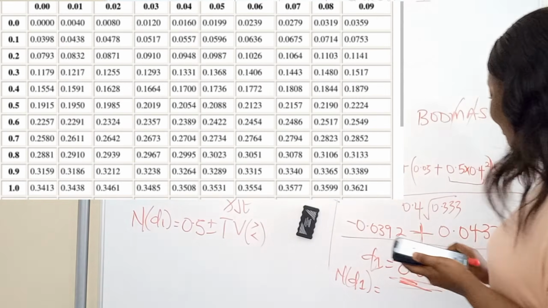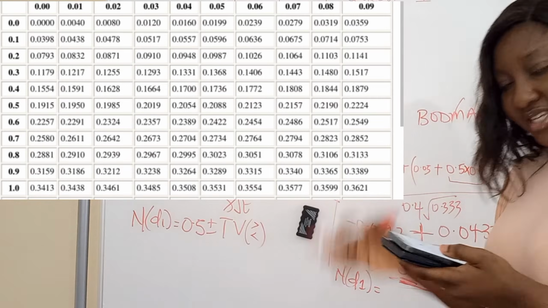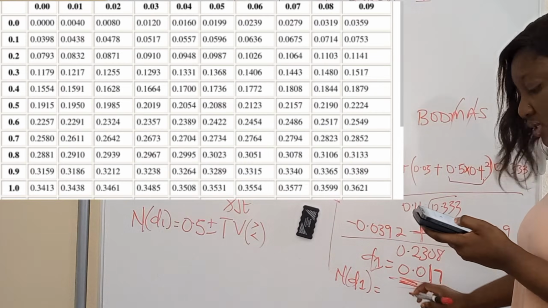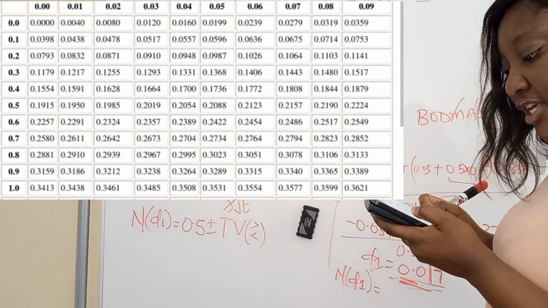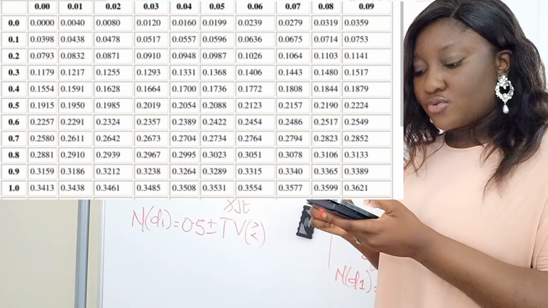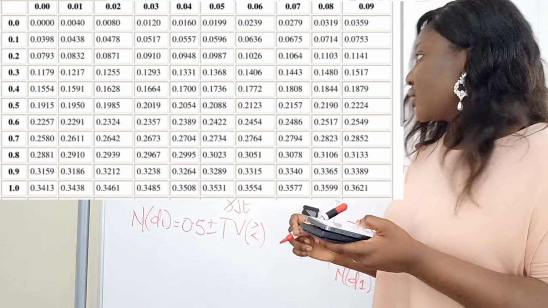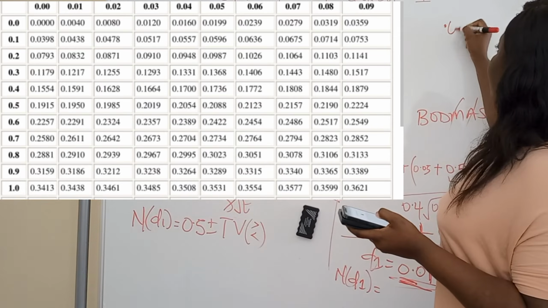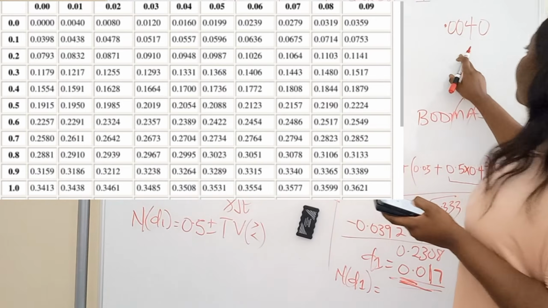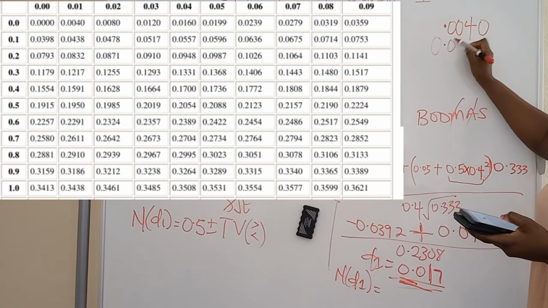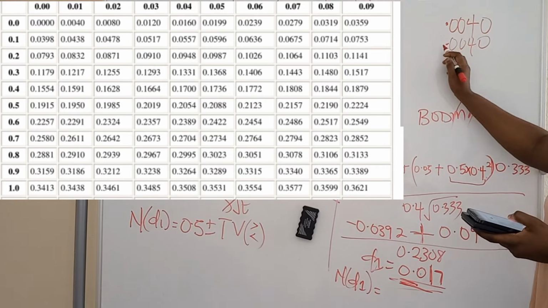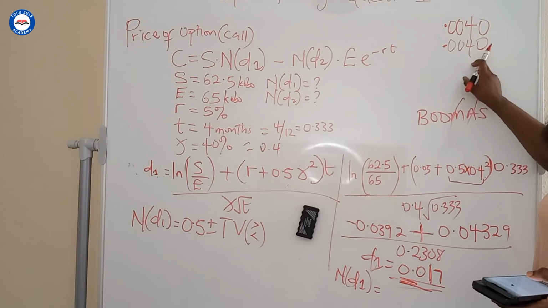So you say 0.0, that's vertically. You can see where 0.0 is. Now look at where it intersects with 0.01. If you check it, you see that the value you have at that intersection is 0.0040. This 0.0040 and 0.040, they are the same. When you say this thing is the same thing, you just remove the 0 because 0 holds no value. So this is our table value.